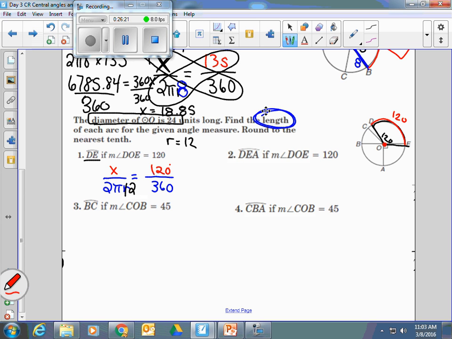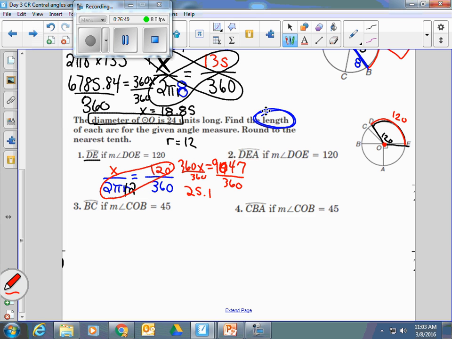When I cross multiply, 360x is equal to what? Like 9,000 something? 9,047.7. Then we divide by 360, and you get 25.1. Is that true?